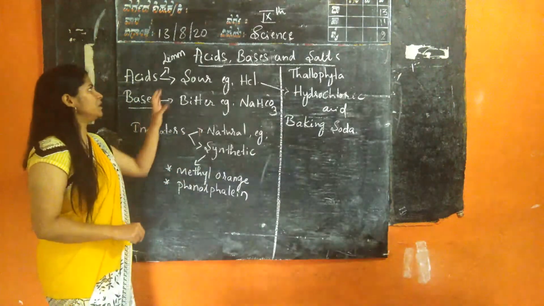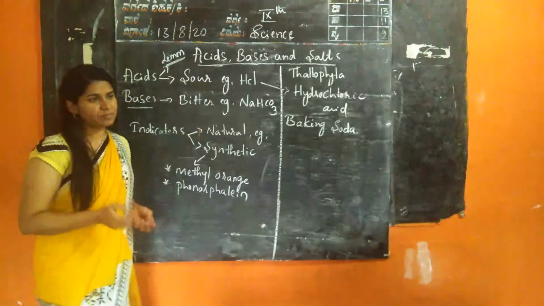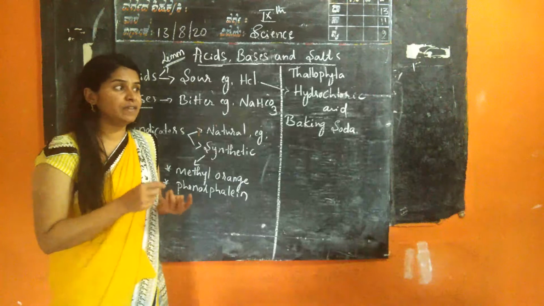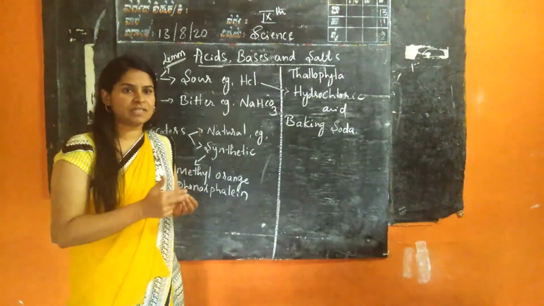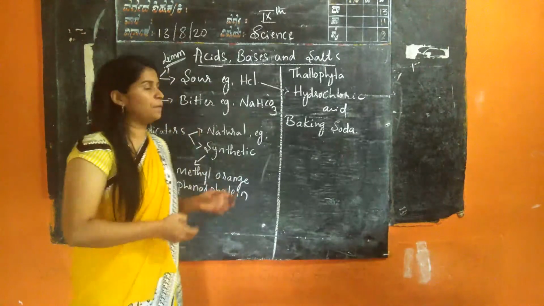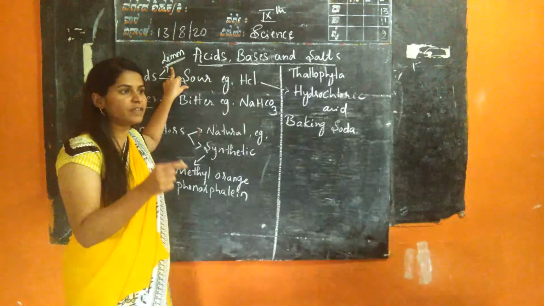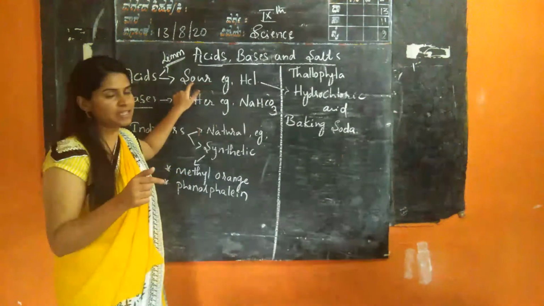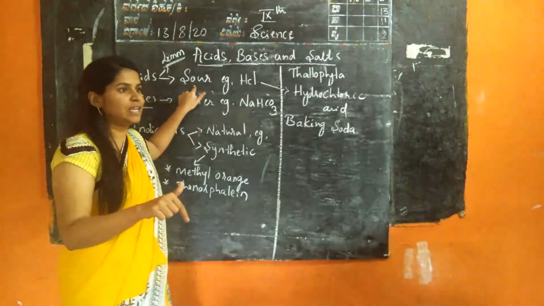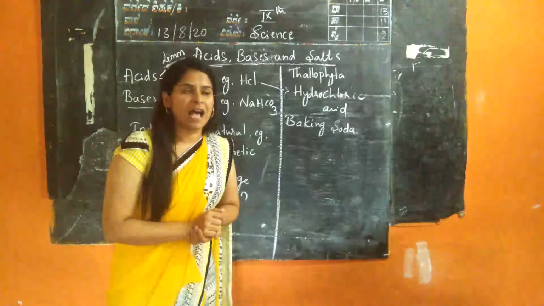For example, I will give a famous example, that is a lemon. Lemon comes under the fruit family, citrus fruits. If you taste this lemon, it has a sour taste, which means the lemon contains one kind of acid.